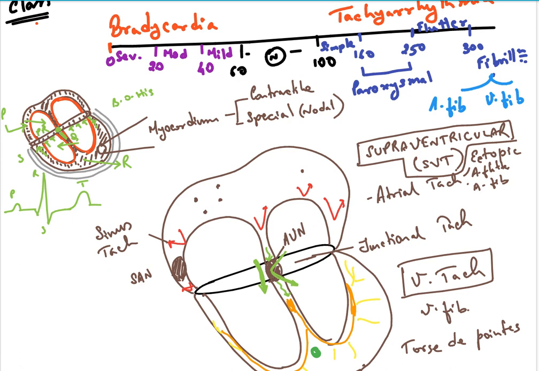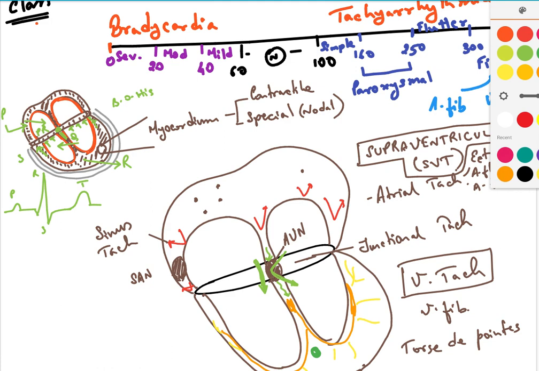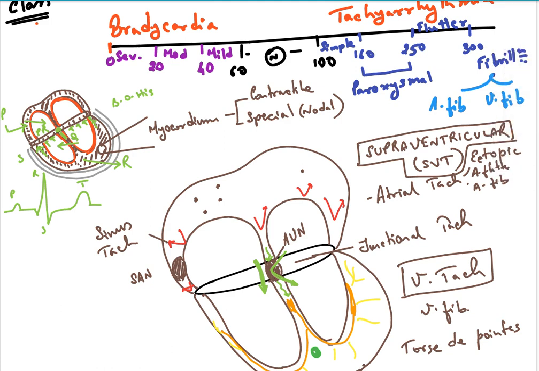One is called the contractile myocardium, and the other one is called the specialized myocardium. Specialized myocardium is also known as the nodal tissue. There are only these two kinds of myocardium present. Contractile myocardium basically means the one which contracts, so it includes the atrial myocardium and the ventricular myocardium.